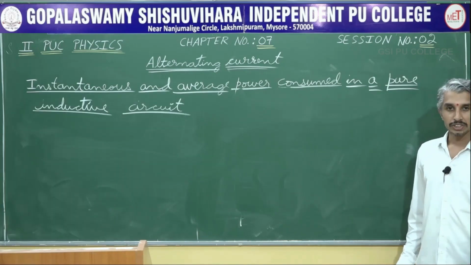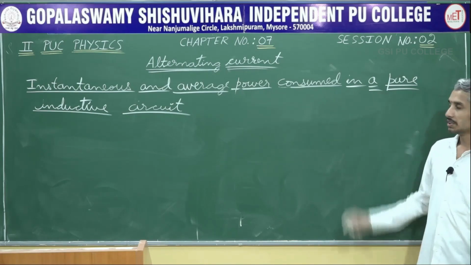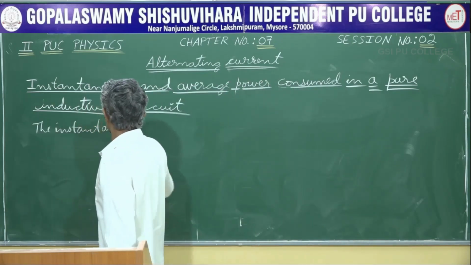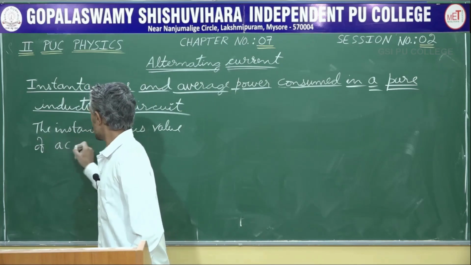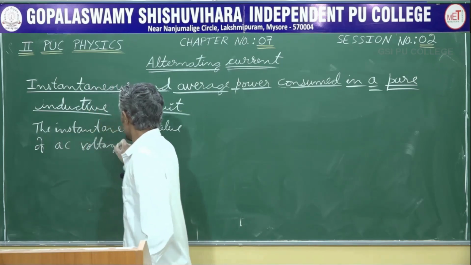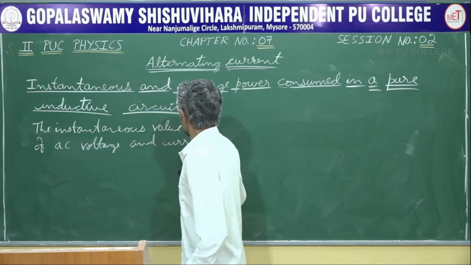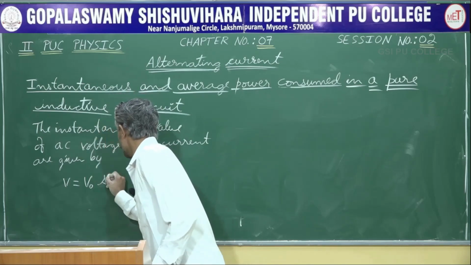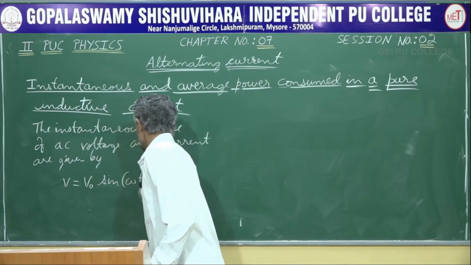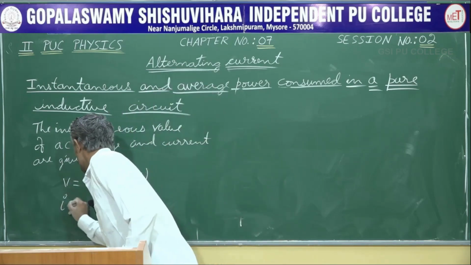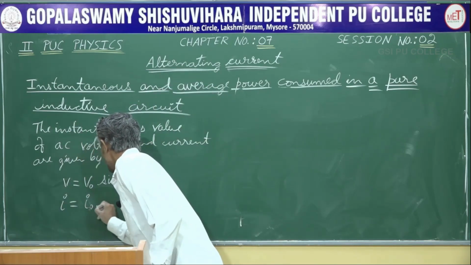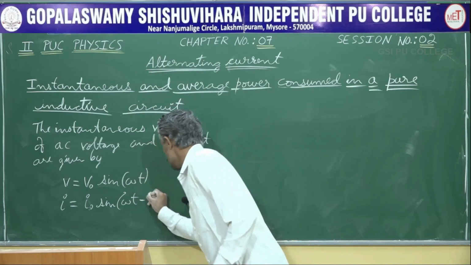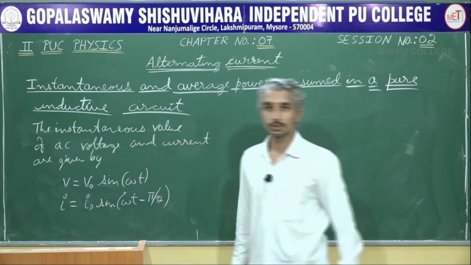Similar to power consumed in a resistive circuit, now let us derive the power consumed in a pure inductive circuit. If you remember, the instantaneous values of AC voltage and current are given by V is equal to V naught into sin omega t and I is equal to I naught into sin omega t minus pi by 2.